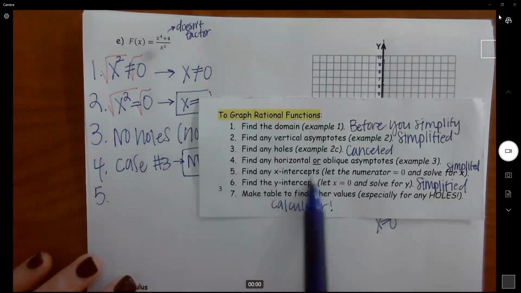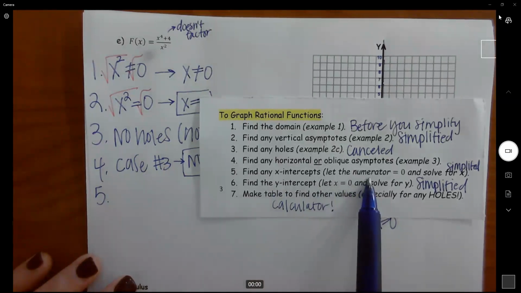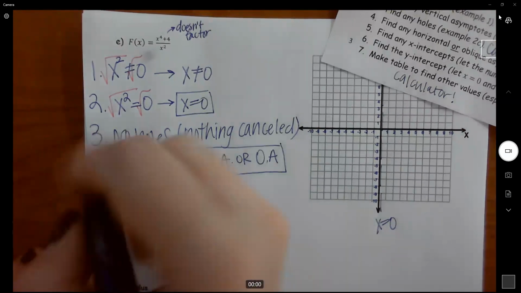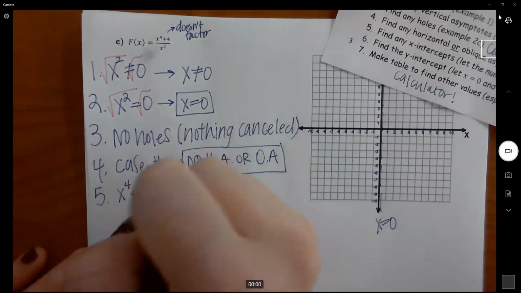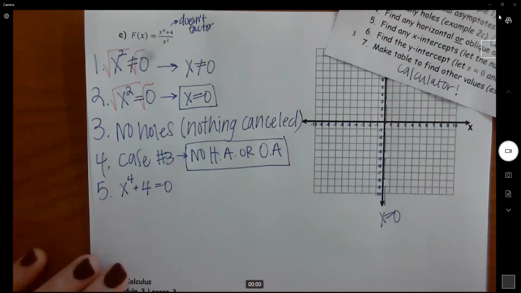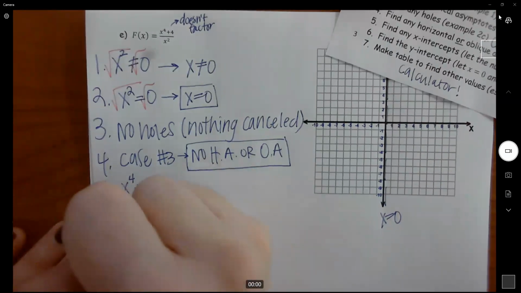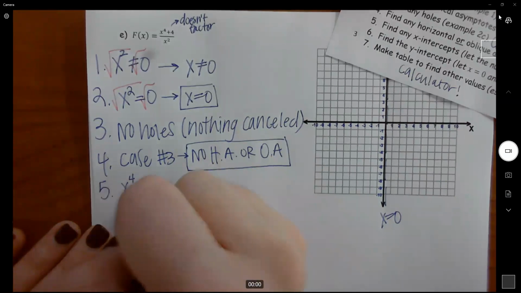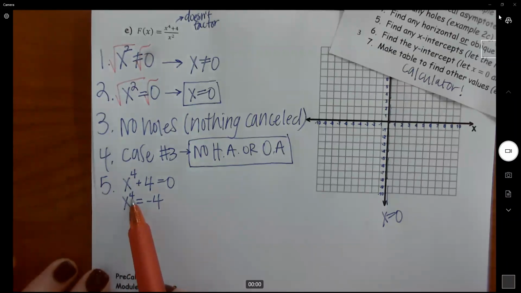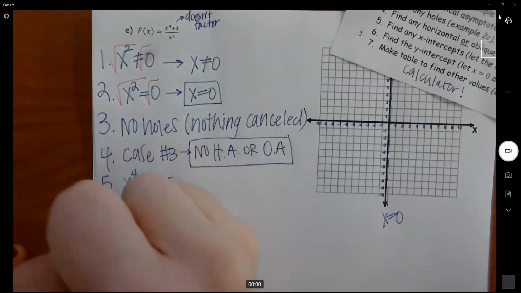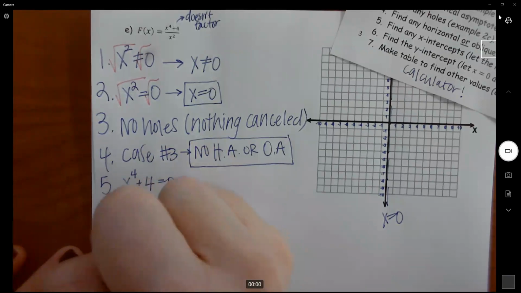We need to find our x-intercepts. We do that by setting the numerator equal to 0. So I've got x to the 4th plus 4 equals 0. Subtract our 4 over to get x to the 4th equals negative 4. I don't know if we've ever done this in this class yet, but the opposite of the 4th power is taking the 4th root.